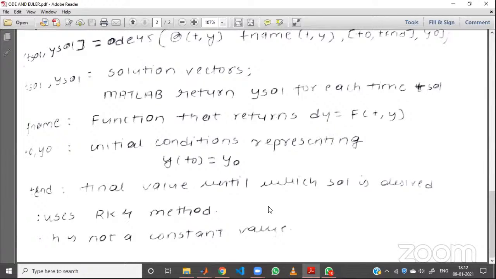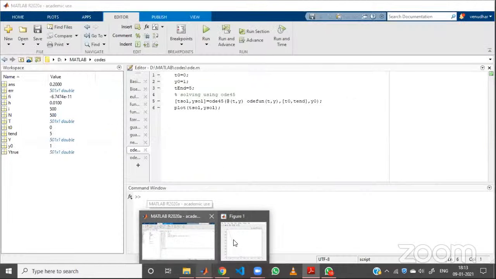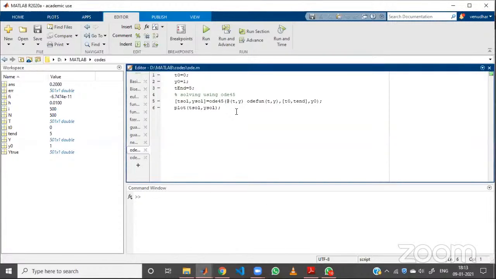It takes its own values according to the equation. It may take 0.1, it may take 0.001, etc. It itself computes the value of h to have a better solution. That's why ODE45 is more accurate.